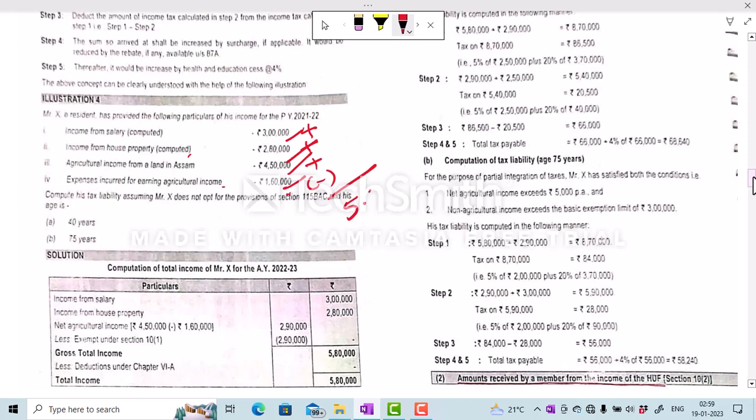So add that. It will be 8.7 lakh. So up to 2.5 lakh nil. See, first we are calculating for 40 years age group.